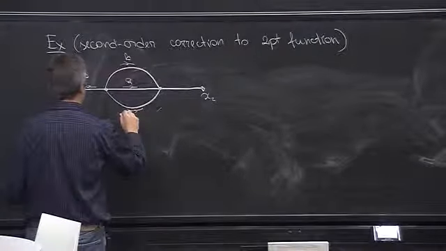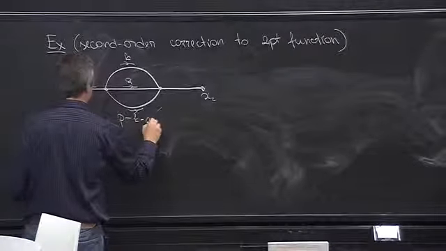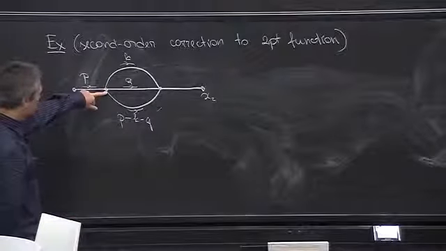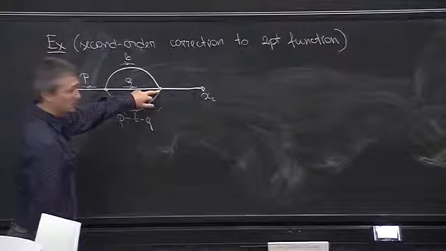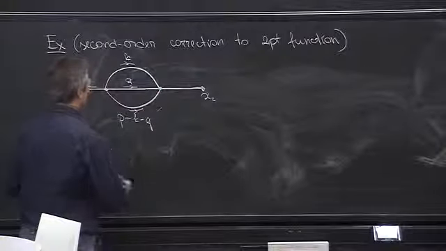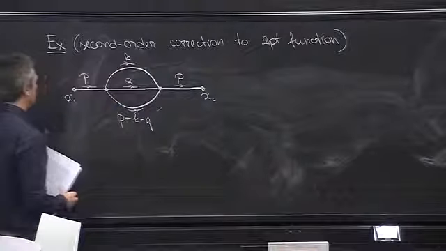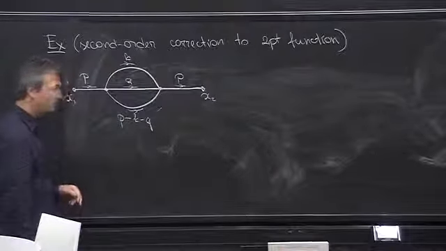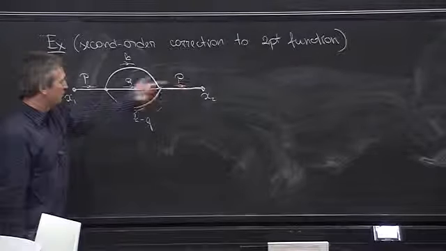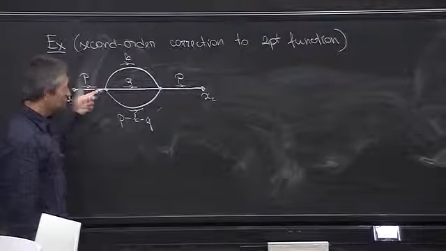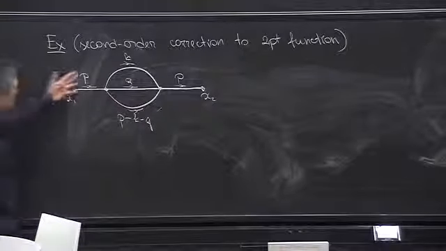So the momentum going here must be equal to P minus K minus Q, so that at this vertex, the momentum is conserved. Now you see that at this vertex, the momentum conservation then unambiguously determines the momentum over there. And the momentum flowing through the whole diagram is just one momentum, not two.